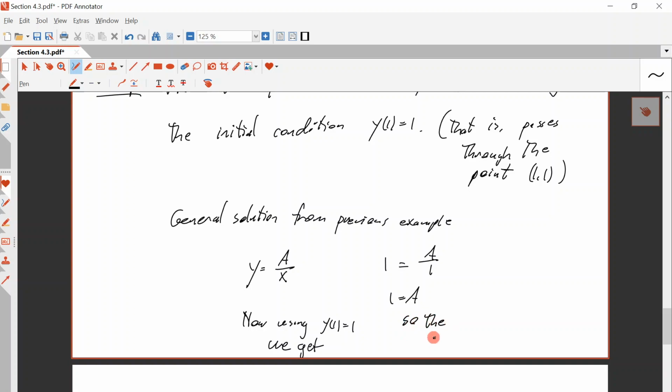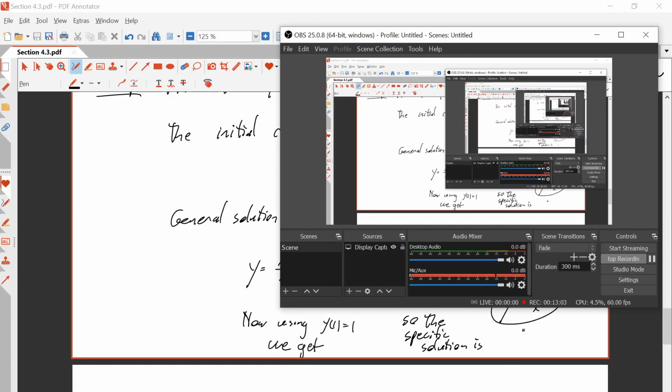So the specific solution is y equals 1 over x. Okay? So if they want a specific solution, you find the general solution first, and then you use that initial condition to figure out what the arbitrary constant is supposed to be.